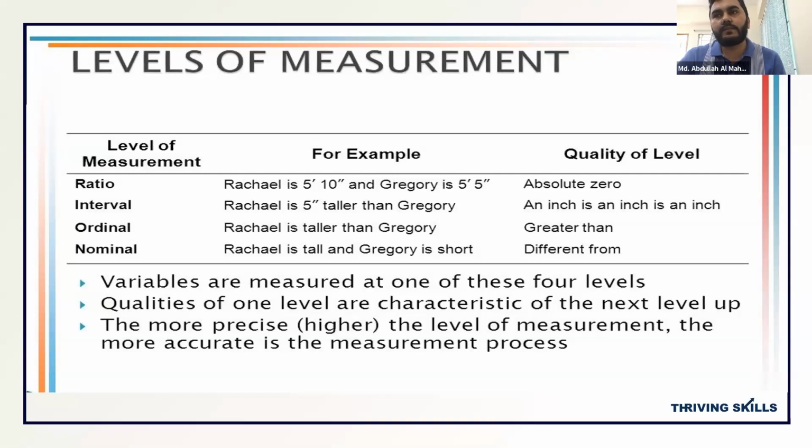For example, suppose you are measuring customer satisfaction. You can ask a direct question like, are you satisfied with our product or services? A straight question, yes or no. So yes for one, no for two. But there might be something in between. You can do that through a scale.